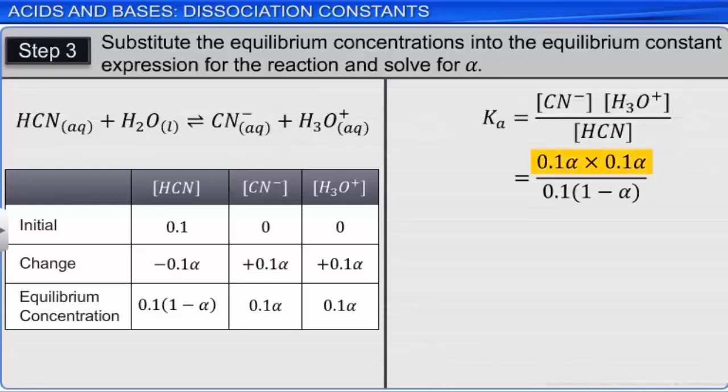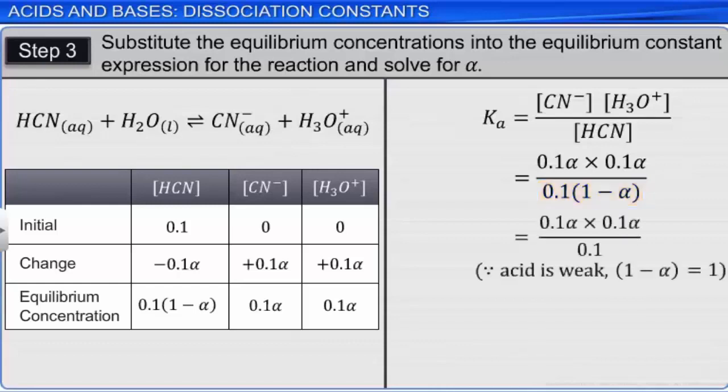by 1 minus alpha. As hydrocyanic acid is a weak acid, it undergoes dissociation to a very little extent, and hence the value of alpha is very small. Thus, 1 minus alpha can be taken as 1.